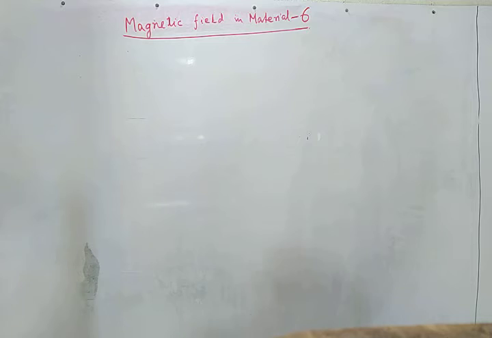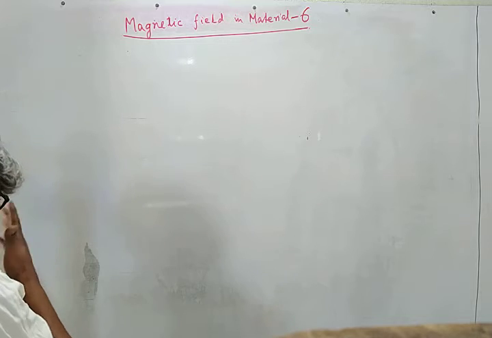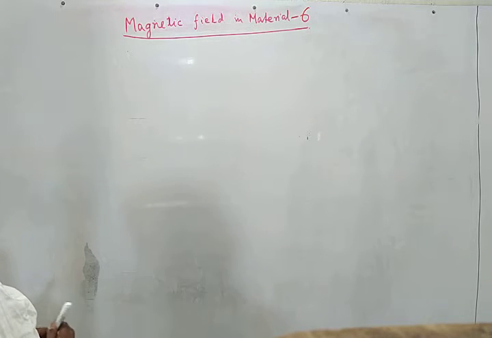This phenomenon was referred to as diamagnetism. So diamagnetism is the substance in which the magnetization is entirely due to orbital distortion.